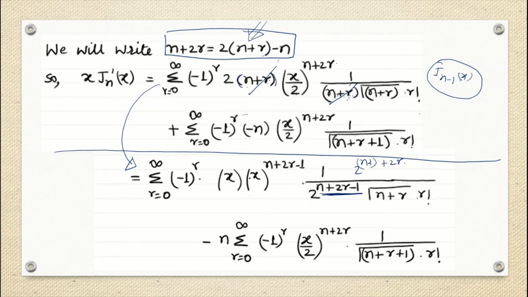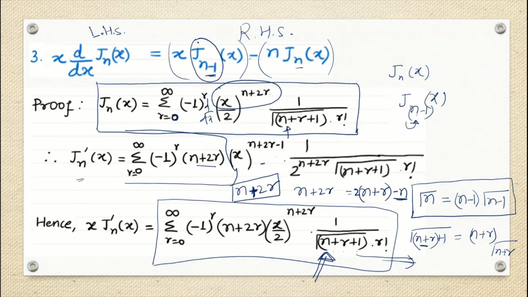Now what I am doing here, I just cancelled out this 2 and reduced this 2. So this 2 also we have worked on. Now this is x to the power n plus 2r only, right? But what I am seeing now is saying to us that in my right hand side, Jn minus 1 x is multiplying with x.